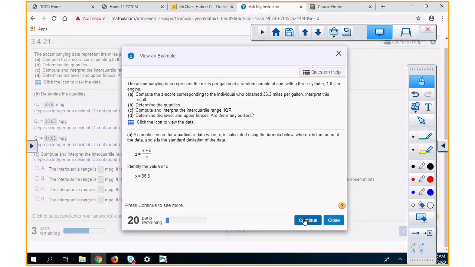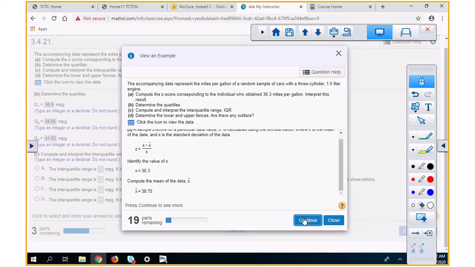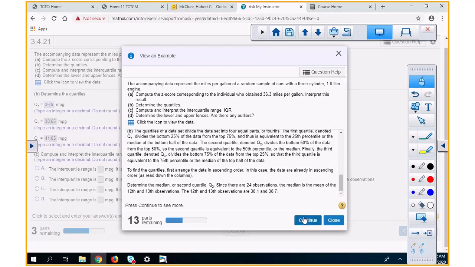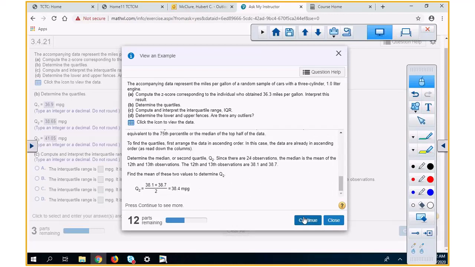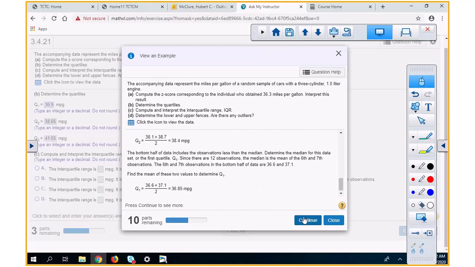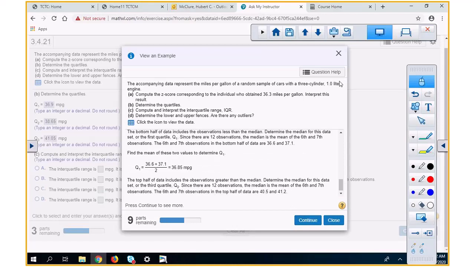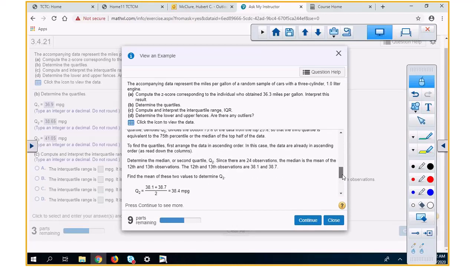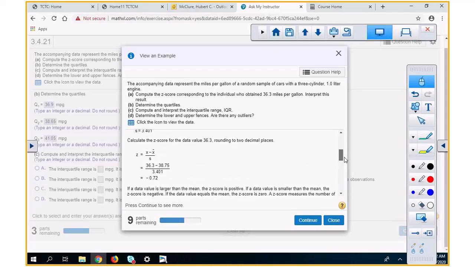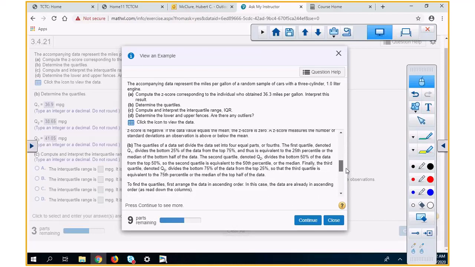I'm gonna find it because I gotta have it. Q3 minus Q1. Yeah, I couldn't remember which one it was. There it is. Q3 minus Q1. There's the one I was talking about. But evidently that's not the one I need right now. I'm looking for the Q3 minus Q1. I don't see it.